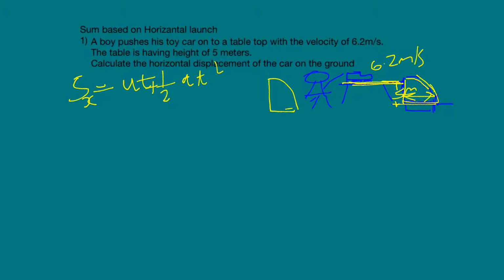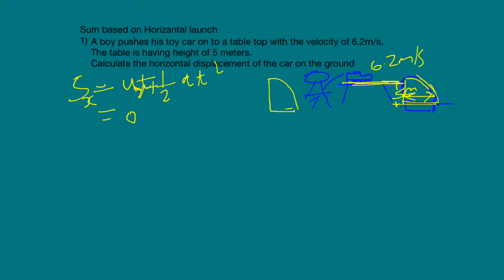The initial velocity along the y-axis is 0, as we know from the previous question also, that initial velocity along the y-axis is 0 when the launch is horizontal.